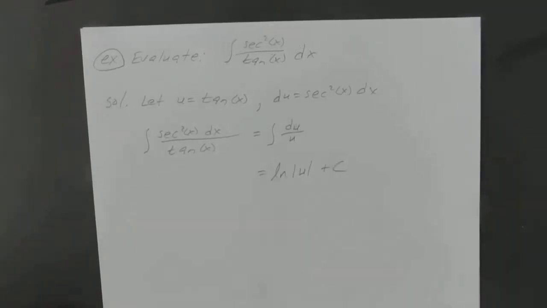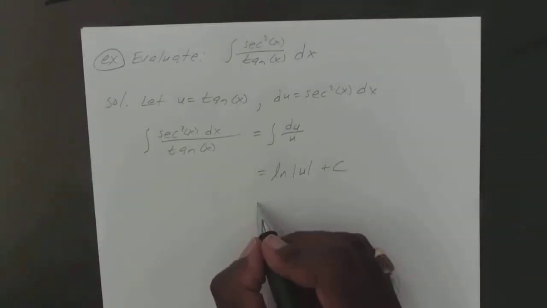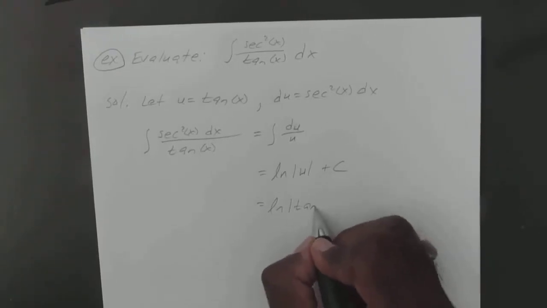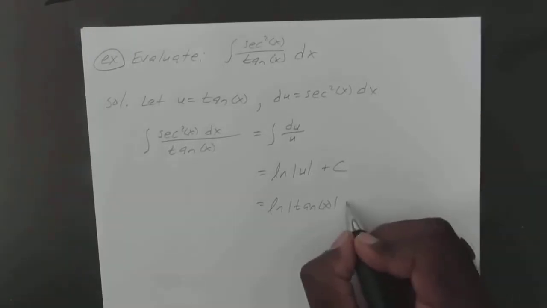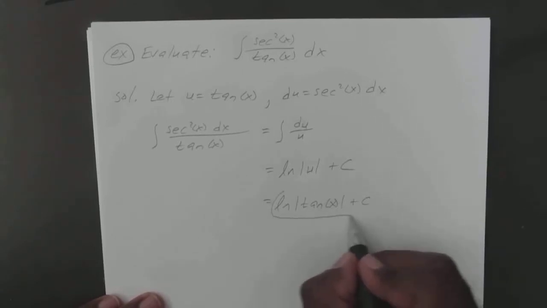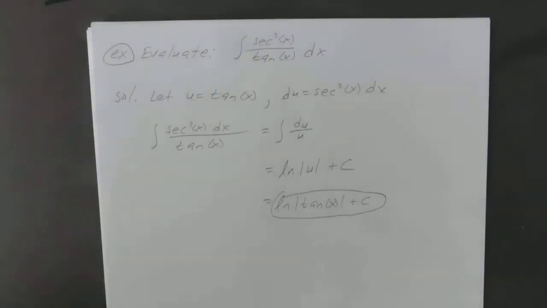Which we know is the natural log, the absolute value of u plus c. Okay. So we just plug our u value right back in. So it's the natural log absolute value of tangent x plus c. Because there are some negative values of tangent x, so we couldn't leave it as anything other than the absolute value.